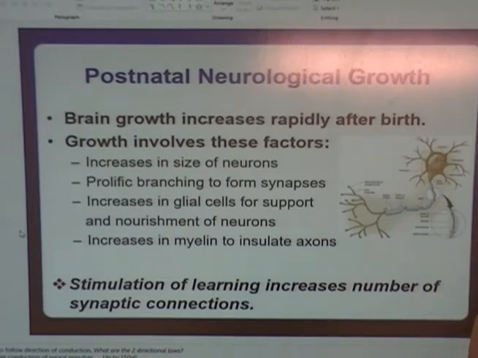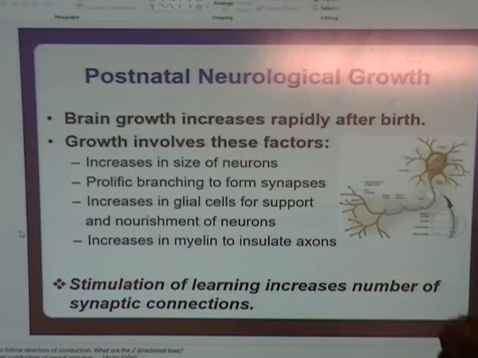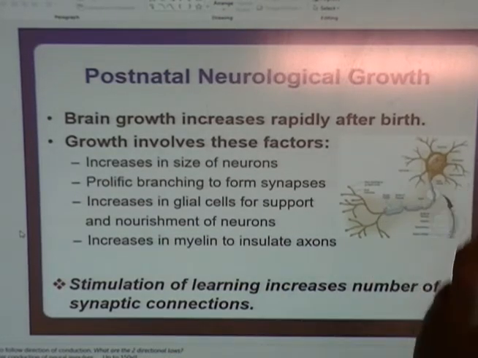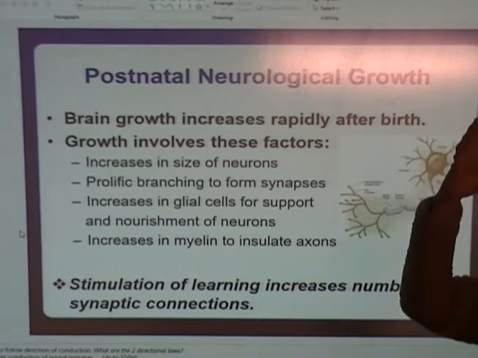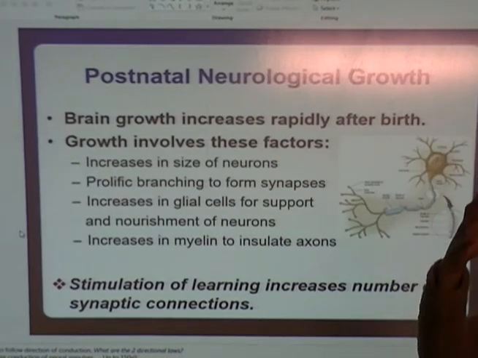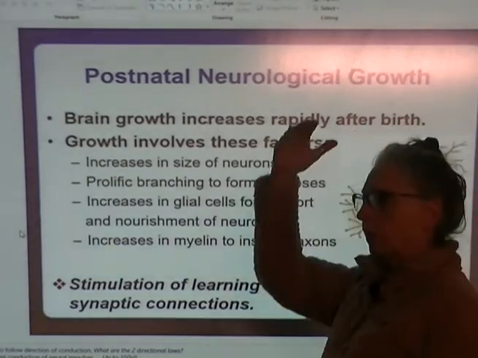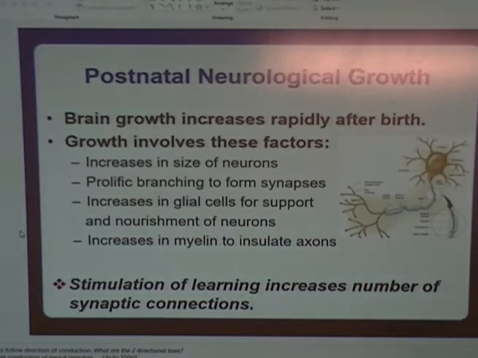If you've ever seen a newborn baby, the head is very big compared to the rest of the body, and there's that great diagram in your book that shows the proportional changes across time, with the head being very large for the baby, and then it gets proportionally smaller and smaller as we grow, right? And that changes our balance and all kinds of things, right?